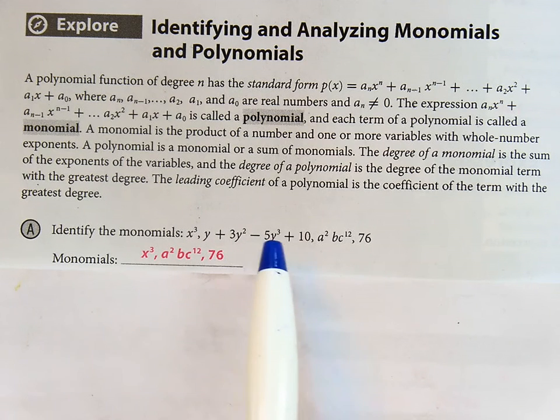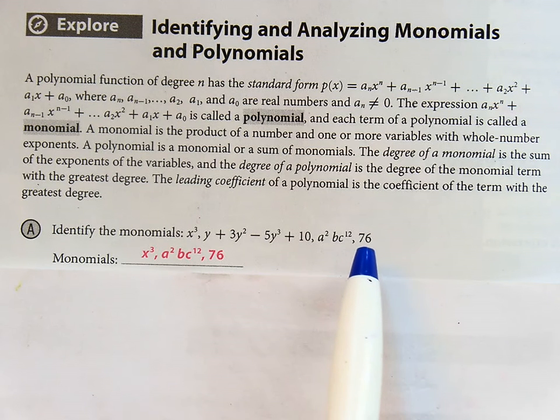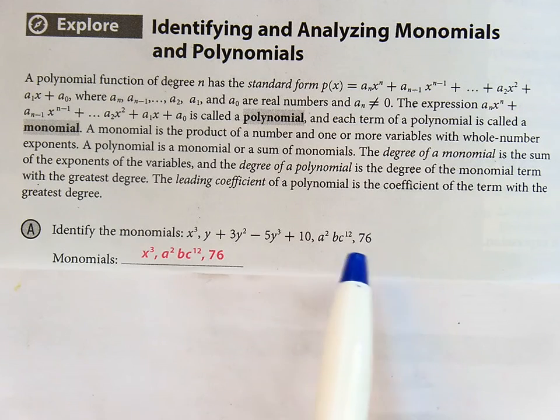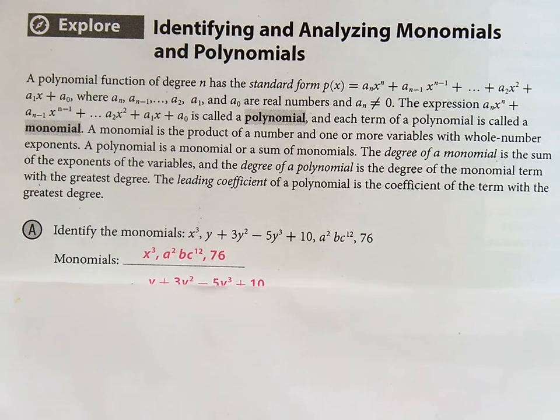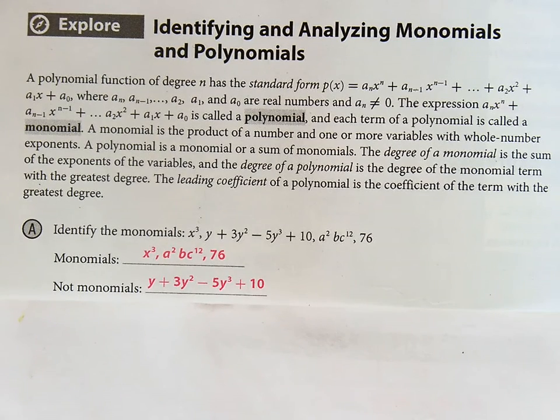This does. This has 1, 2, 3, 4 terms in it. Here, nothing being added to it, nothing being added to it. And here we just have an exponent of 0. The variable just has an exponent of 0, but it still counts. And our non-monomial is the one that was added together.